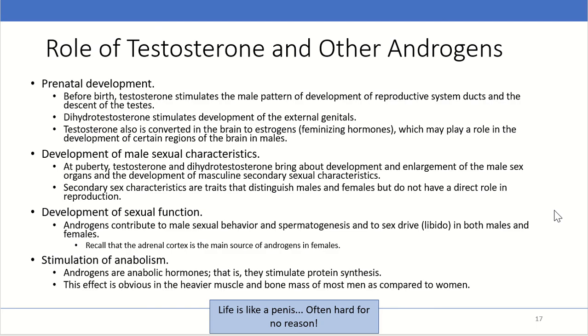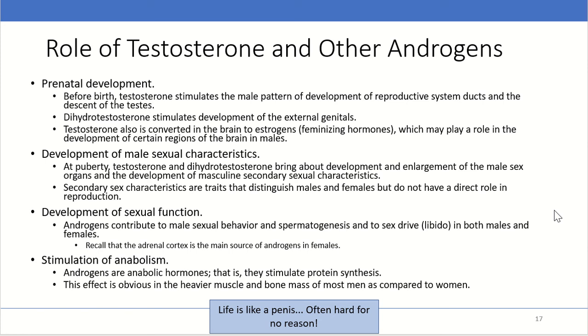So, coming back to the role of testosterone and other androgens in the body, these are going to be very important for a variety of different things. As far as prenatal development, before birth, testosterone is going to help to stimulate the male pattern of development of the reproductive system ducts, as well as the descent of those testes.